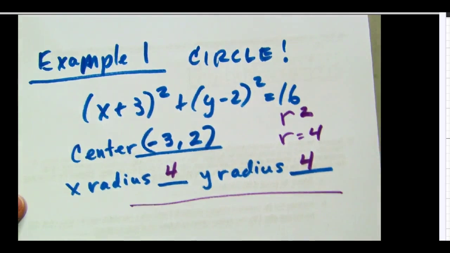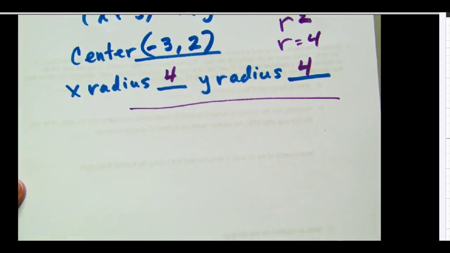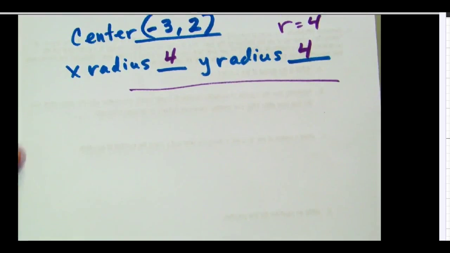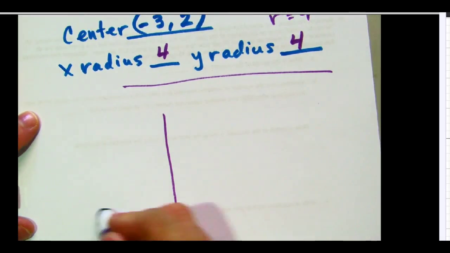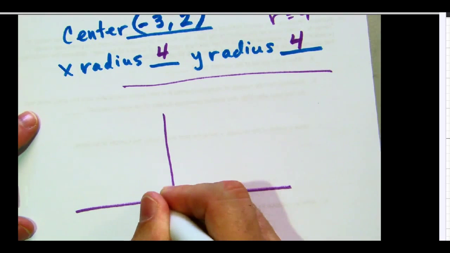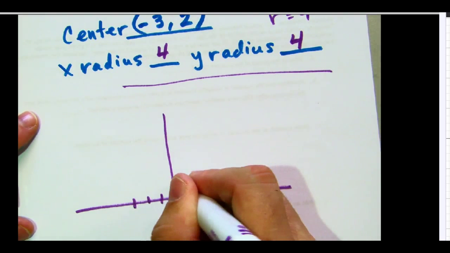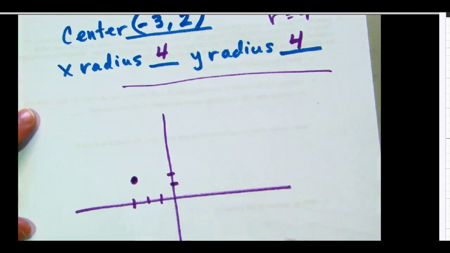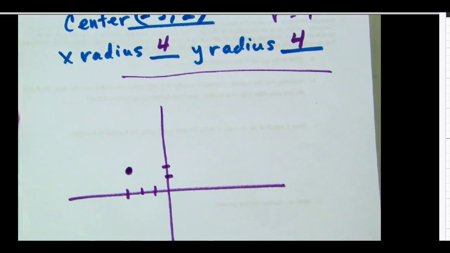But when we get to ellipses, then you'll have to be looking at what happens in the x direction and the y direction. So if I graph this, I plot my point. My center is negative 3 and then 2. That's my h, k. And then I'm going to have a radius of 4. So I'm going to plot 4 points.